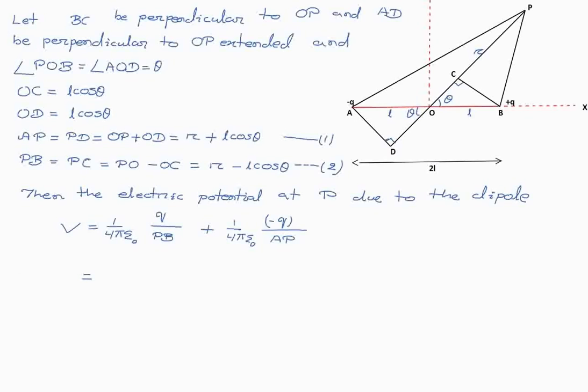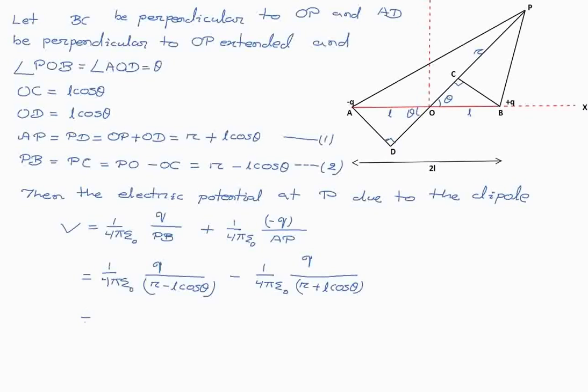So the next step is 1 by 4 pi epsilon naught times q divided by the value of PB, which is r minus L cos theta, minus 1 by 4 pi epsilon naught times q divided by AP, which is r plus L cos theta.